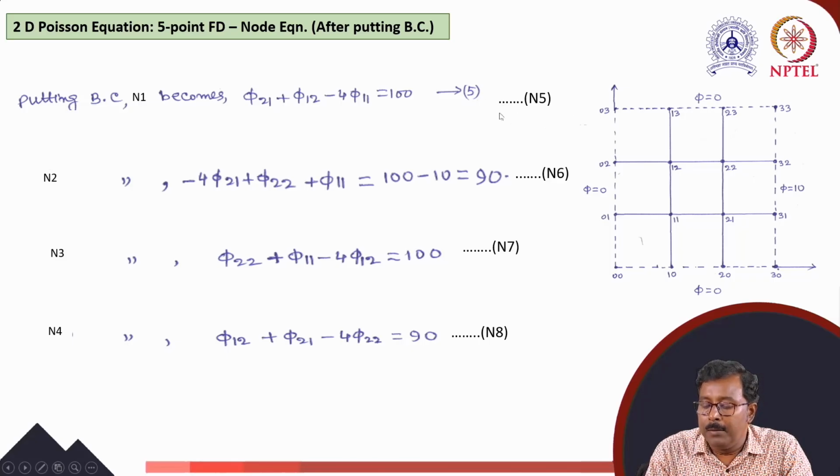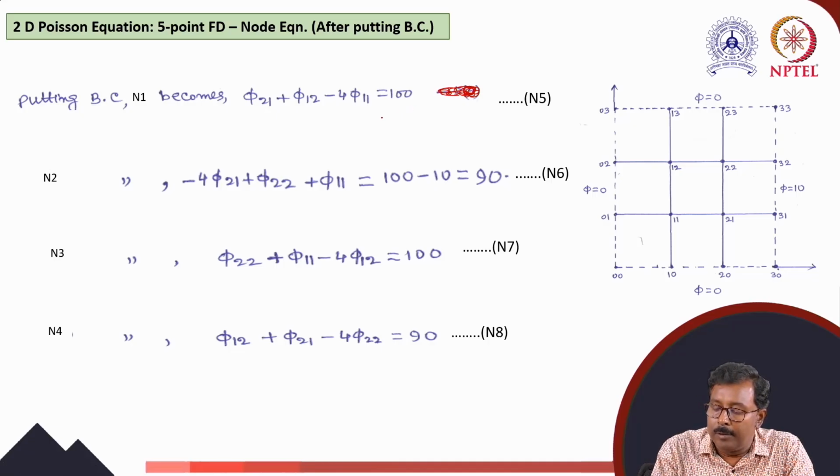And remember that this equation n5 originated from node 1 1. Starting from the differentiation for node 1 1, we got this equation. This was for node 1 1.